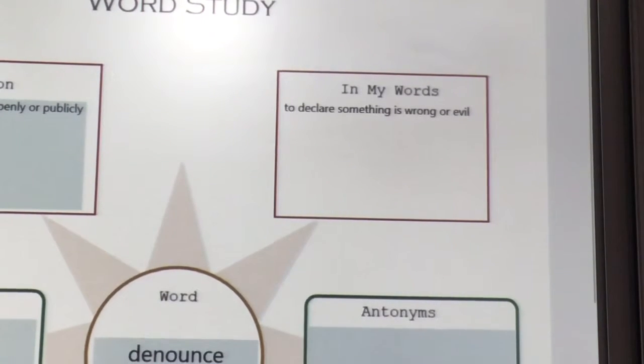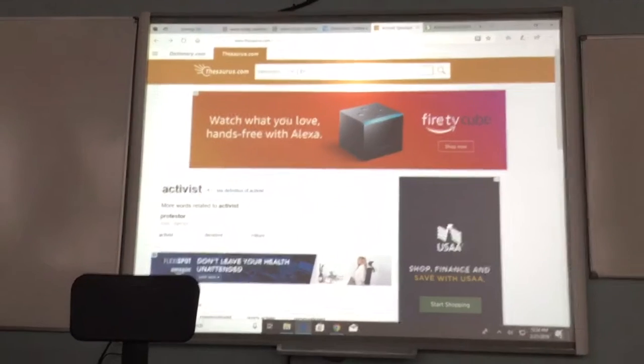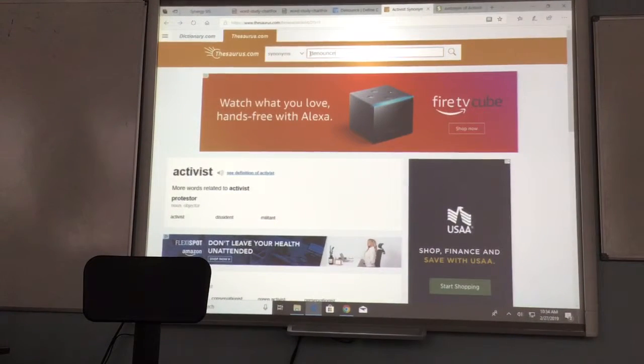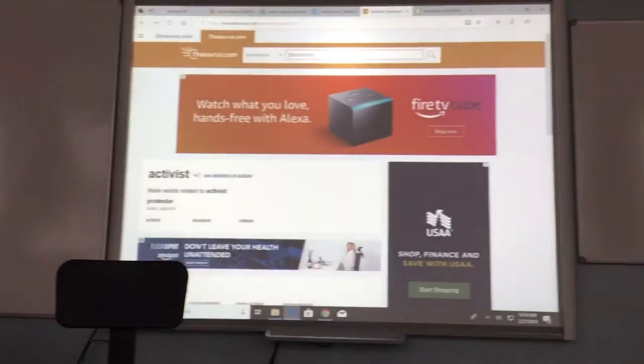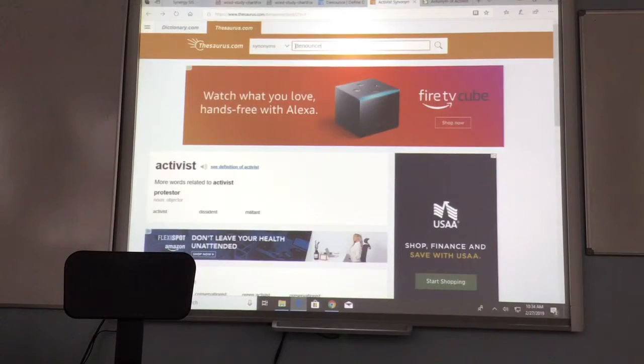All right, let's hope we have better luck here with the source. Again, there are other sites. Denounce. Before we look them up, can anybody think of a synonym on their own? Something that's like the word? Announce.